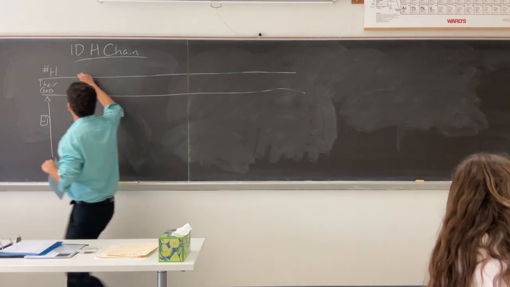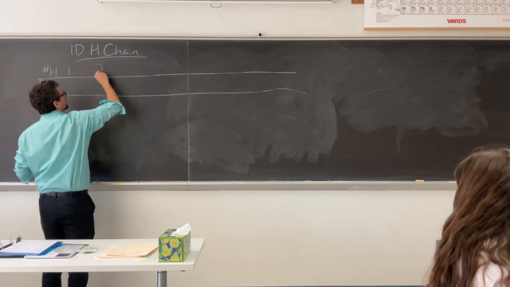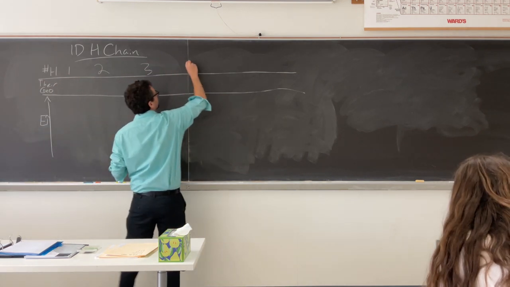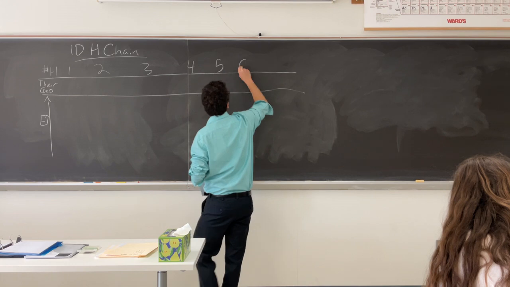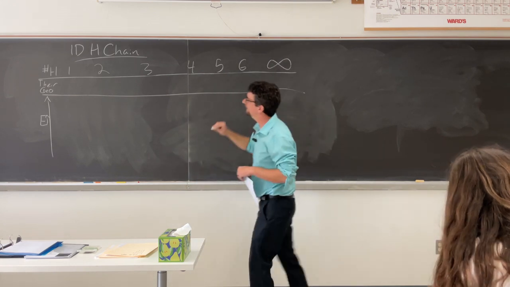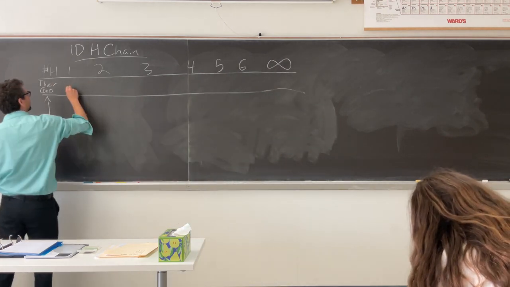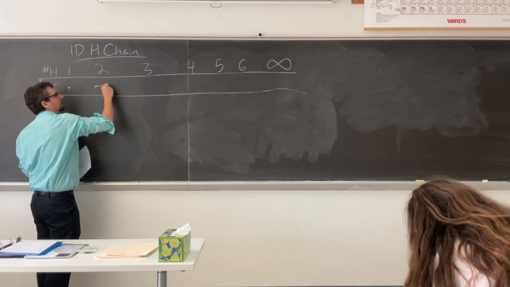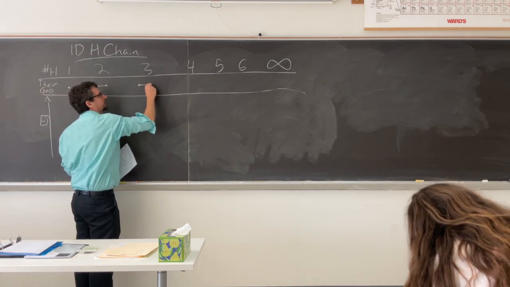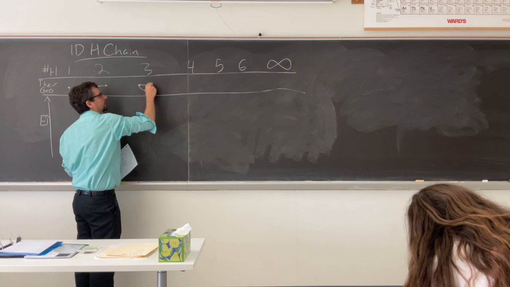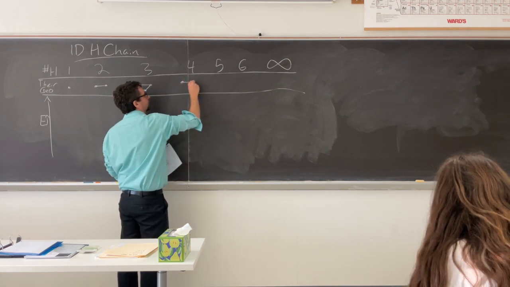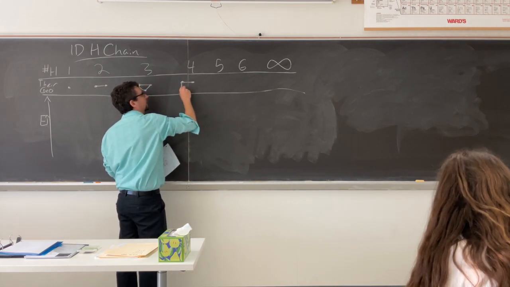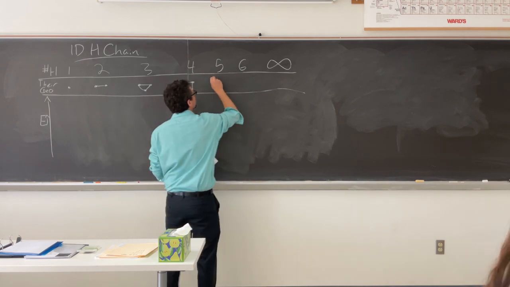And what number of hydrogens did we do? We did 1, 6, and then we jumped to infinity. We drew the geometry of each of them, where these were just the atom nuclei centers.